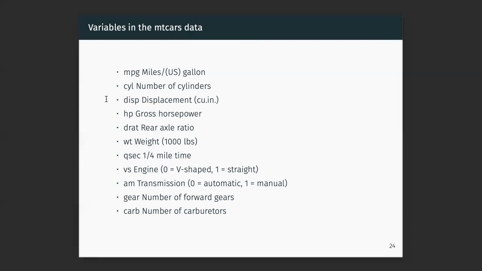Okay, perfect. So what was the model we estimated? What was the estimate for beta 0?